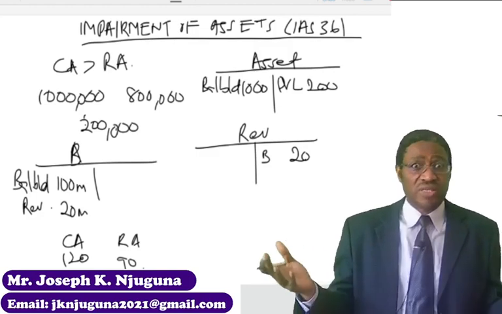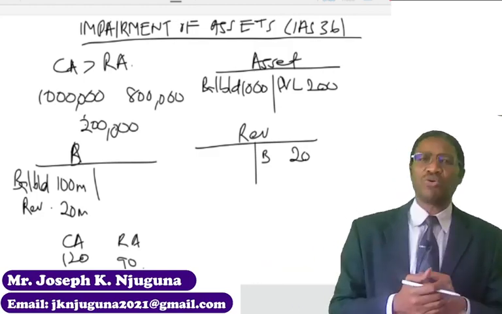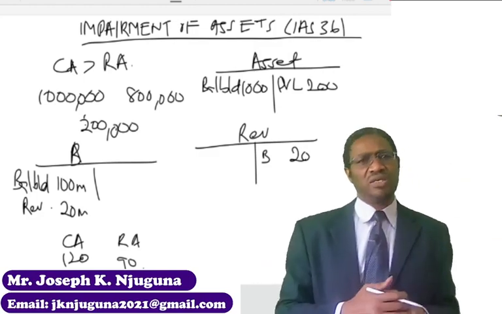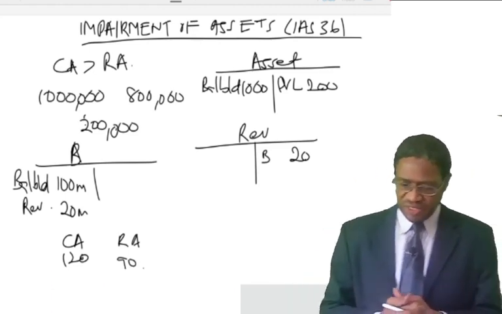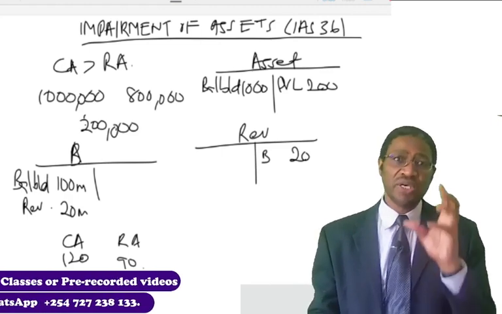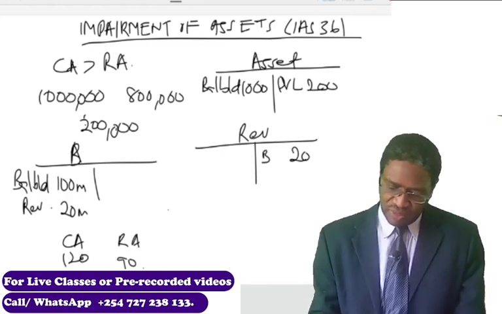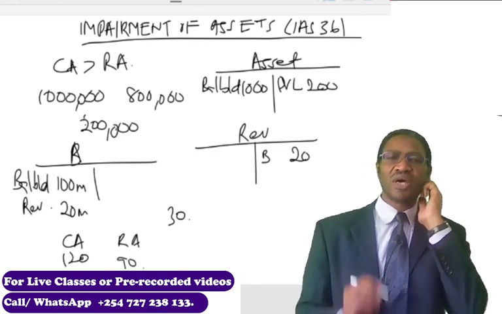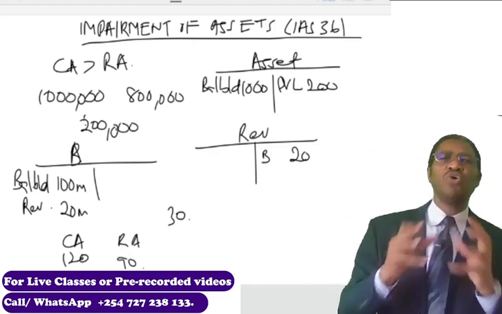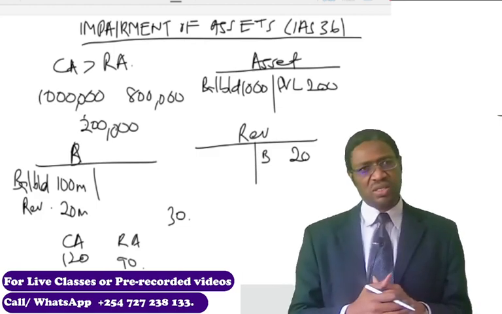Tell me whether it has suffered or not. Of course, it has suffered an impairment loss. If you compare those two values, it is obvious it has suffered a loss of how much? 30 million.